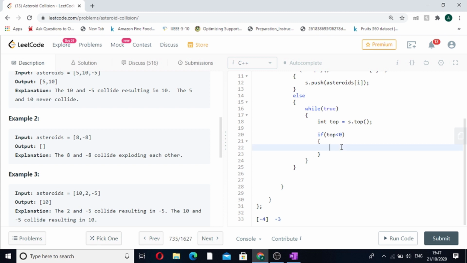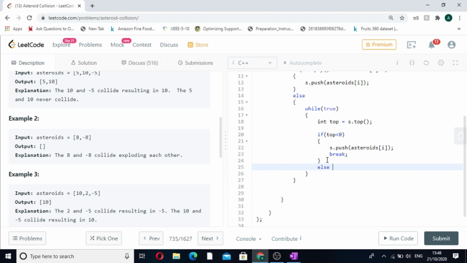So we will simply s dot push asteroids I, we will simply push this -3 into the stack, and we will break from this while loop.